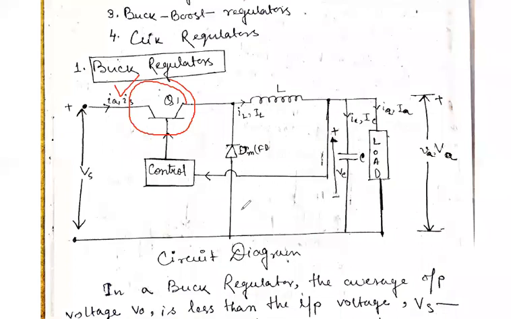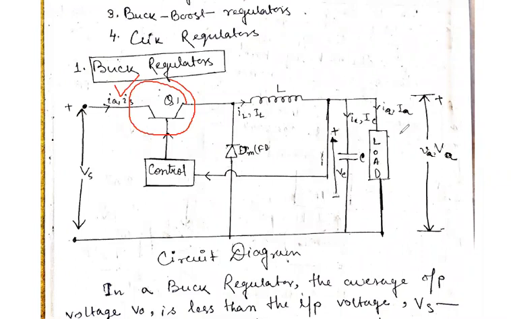There is a freewheeling diode Dm. There is a high valued inductor, and the current flowing through the inductor is small iL, and capital IL is the maximum value of the inductor current. There is a load, and in parallel with the load there is a capacitor.